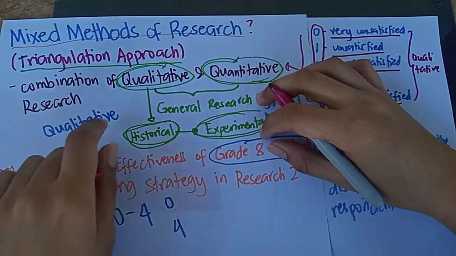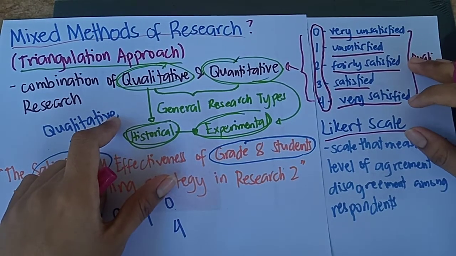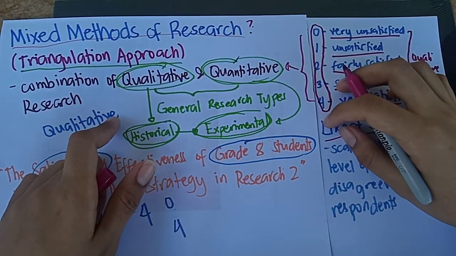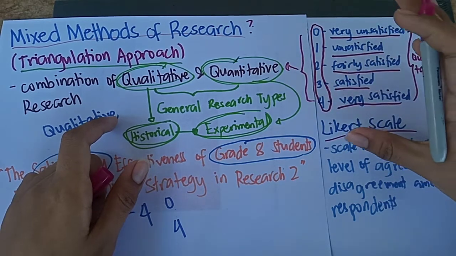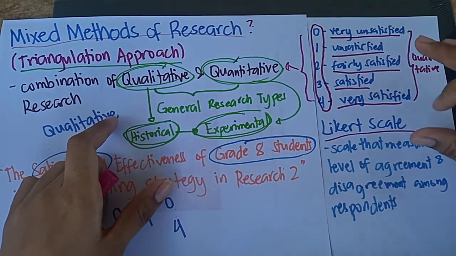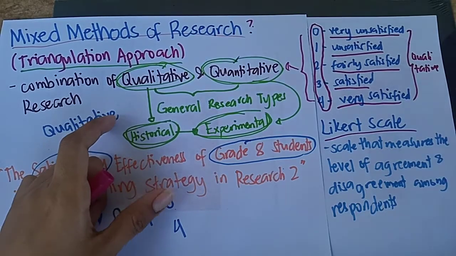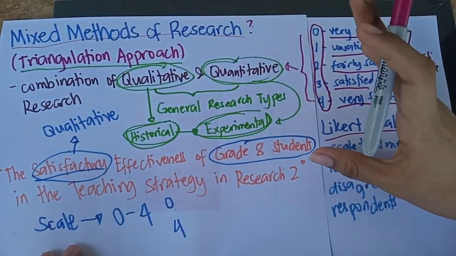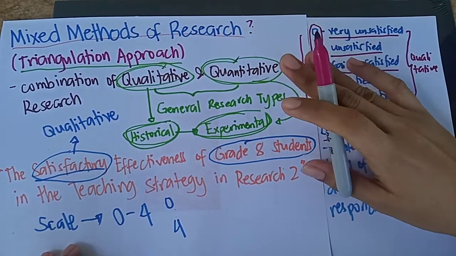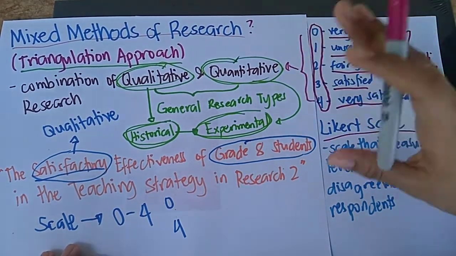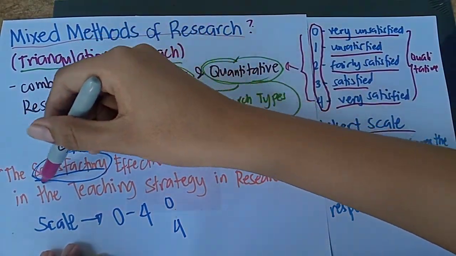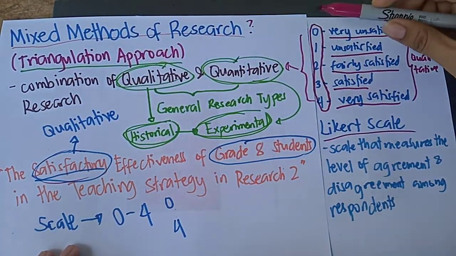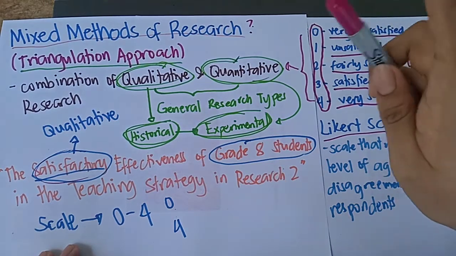That is why we can say that using the Likert scale, we can have the mixed methods of research. Okay? Because it makes use of numbers to rate the satisfactory levels. Satisfaction is a qualitative variable because in reality, you cannot measure satisfaction levels. But using this scale with numbers, it will guide you.